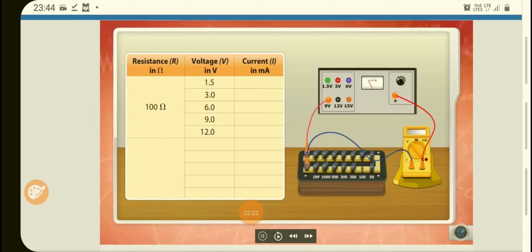Now, we'll vary the voltage and note the corresponding current. Select and click on any of the highlighted voltage buttons in the table and observe the corresponding ammeter reading. The readings will be populated in the table.